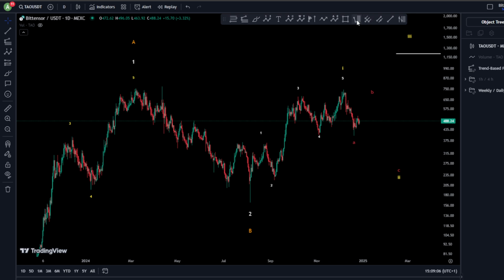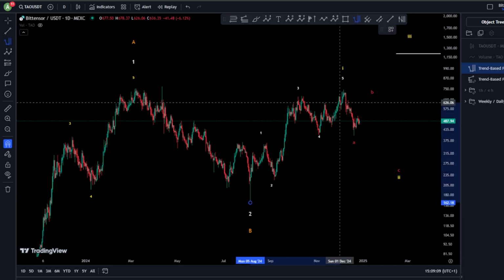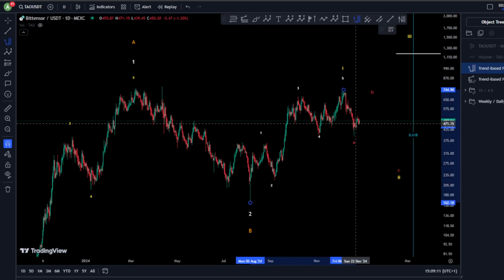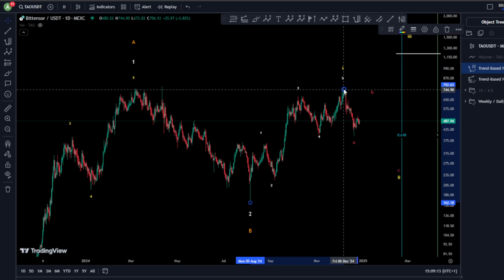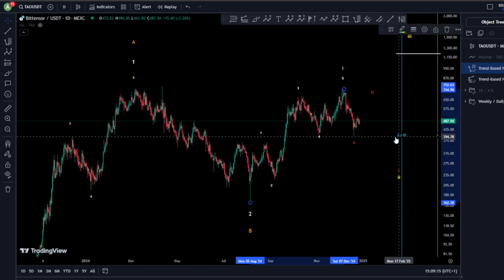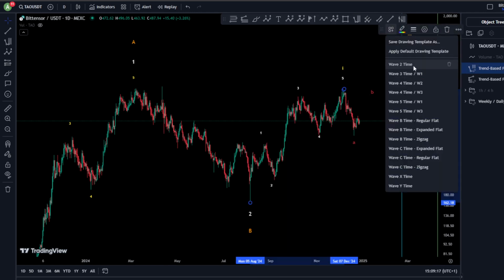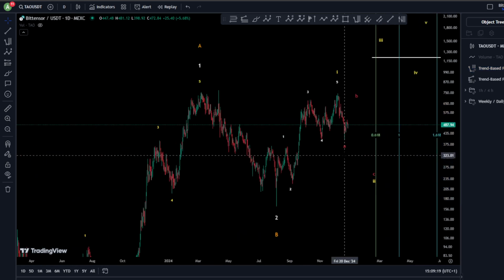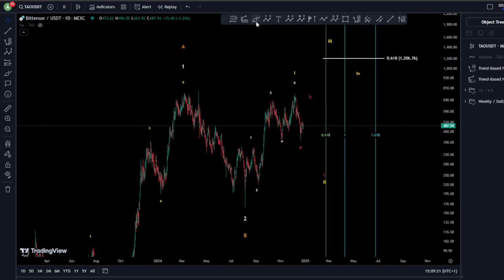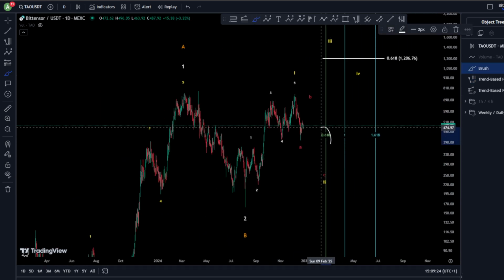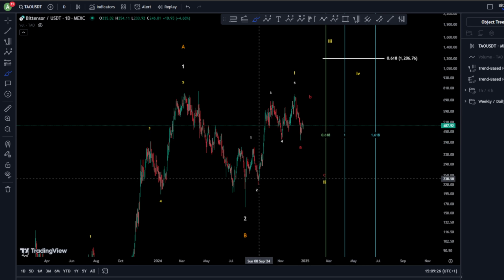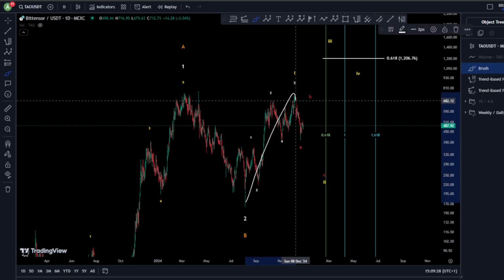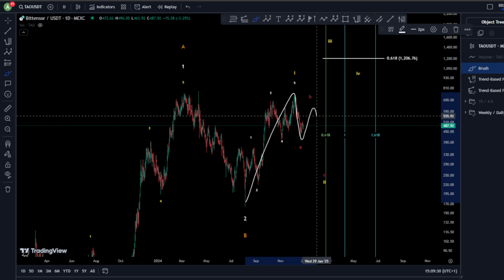And to make our analysis much stronger that we did not finish a wave 2 yet, let's take the fib time from the wave 1 for a wave 2. And here we go. The preferable fib time for a wave 2 to be finished is 0.618. Therefore, it is much more preferable that we have an A, B, and a C.